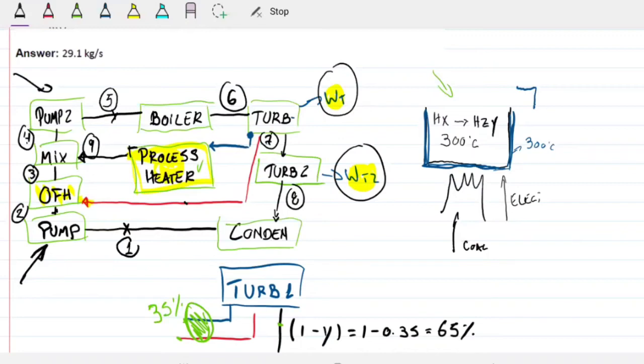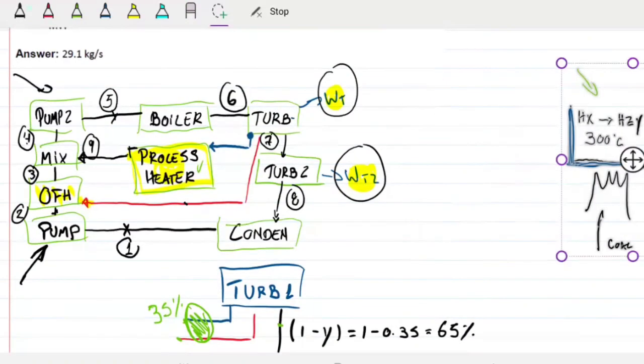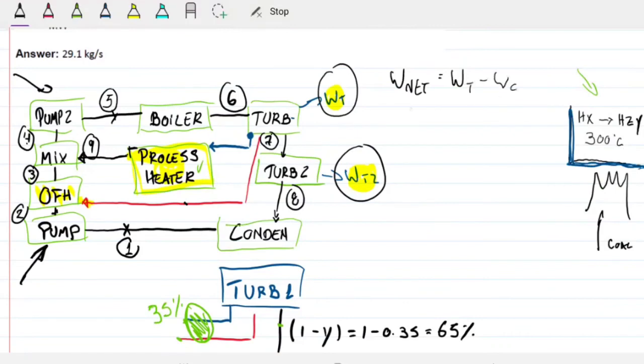So as per usual, our net work is going to be the relationship between the work of the turbines minus the work of the compressors, or Q in minus Q out, because it's a cycle. In this instance, I'm going to change it up a bit: turbine minus compressor.